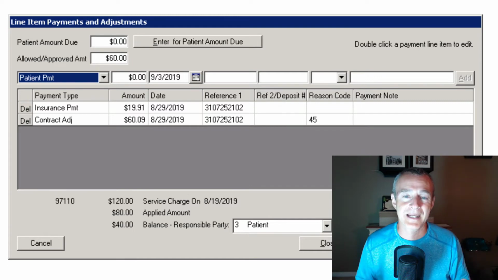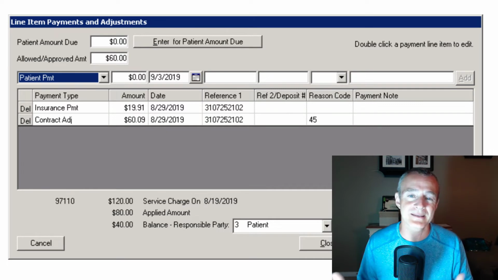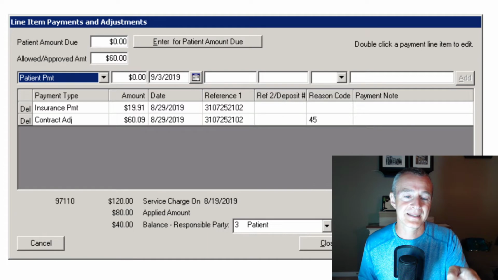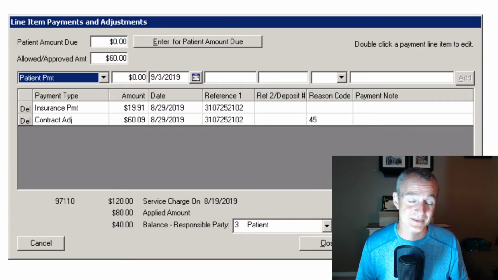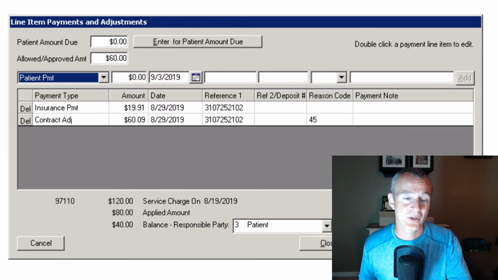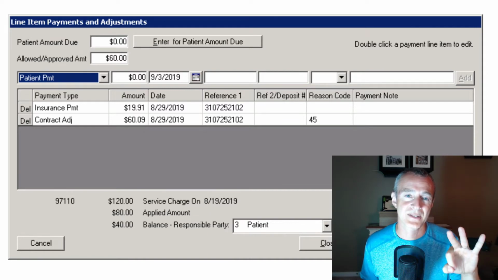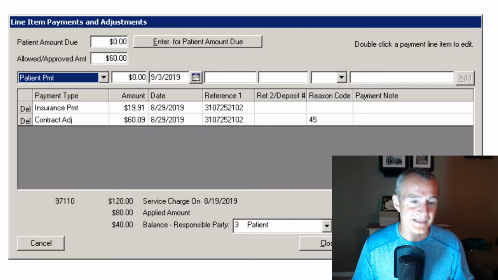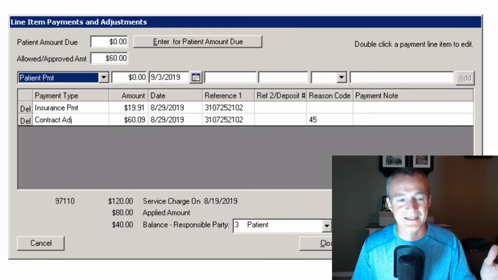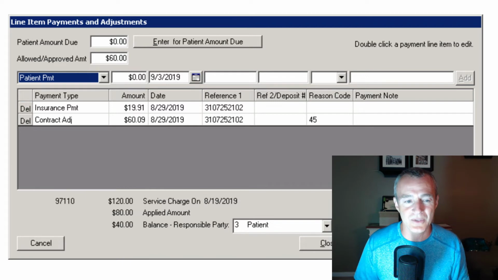Now, we haven't balanced this account yet, so that's why this claim is still open. But the patient paid $40, that's going to be applied here. So the total allowed amount would be the $40 copay plus the $19.91. So let's say $59.91 is the allowed amount for 3 units of exercise. If we just quickly say $60, we're looking at $20 a unit for therapeutic exercise.